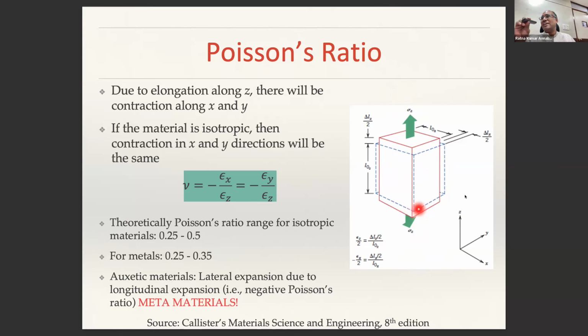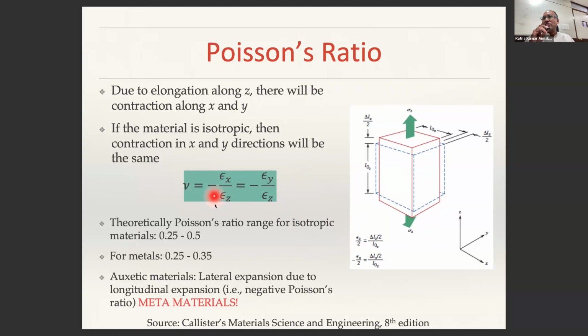So the lateral strain is negative, isn't it? So now the Poisson's ratio is defined as negative of lateral strain divided by the longitudinal strain. Because it is an isotropic material, epsilon x and epsilon y will be same for a given epsilon z, right? So Poisson's ratio is equal to negative of epsilon x by epsilon z.